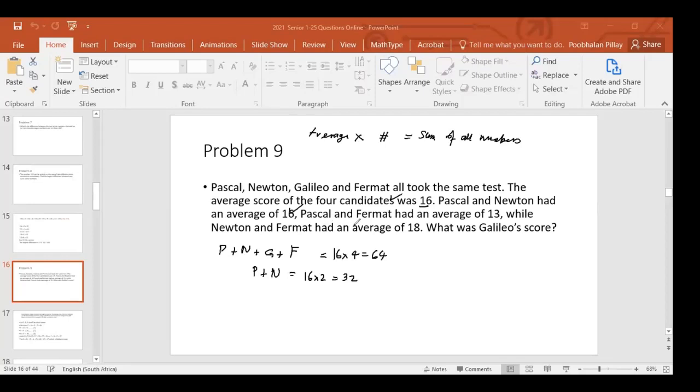It also now says that Pascal and Fermat, their average was 13, so the sum of that will be 13 times 2, while Newton and Fermat had an average of 18. Which means when you add those two numbers up, you get 36.